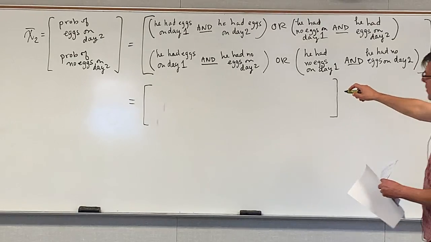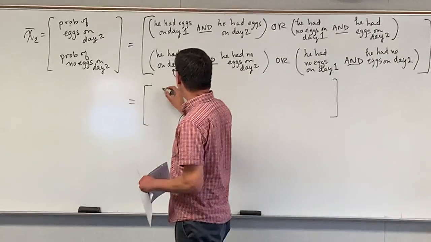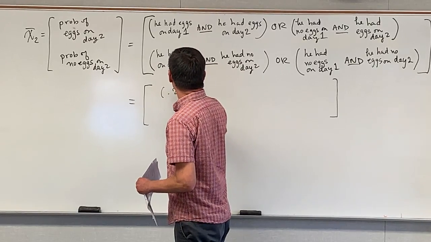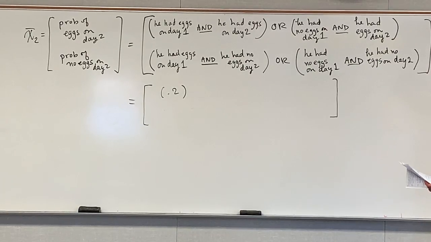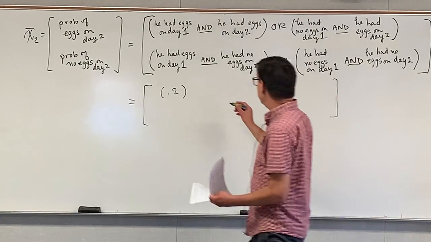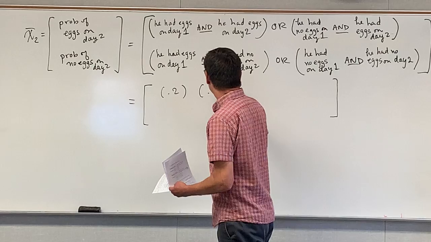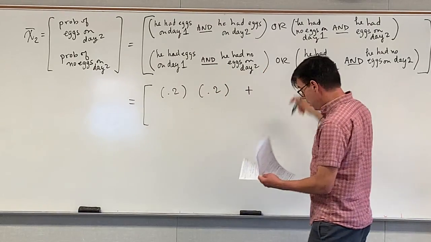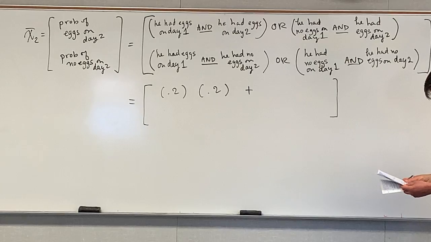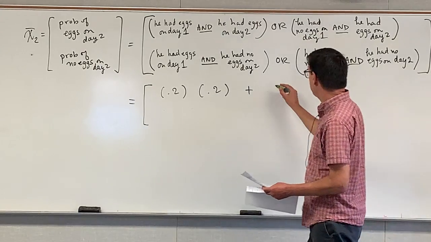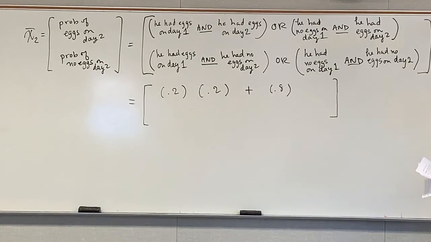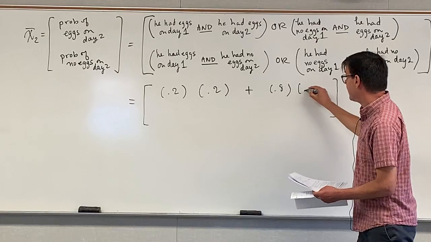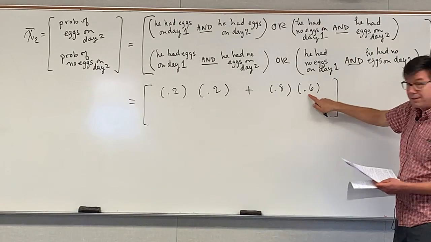So let's just go back to starting out. The probability of eggs, if he had eggs on day 1, I do think that's 0.2. And if he has eggs the next day, that's going to be 0.2. If he had no eggs on day 1, that's our 0.8, and if he had no eggs, the probability that he has eggs the next day is 0.6. Okay, so this is where I'm screwing up.